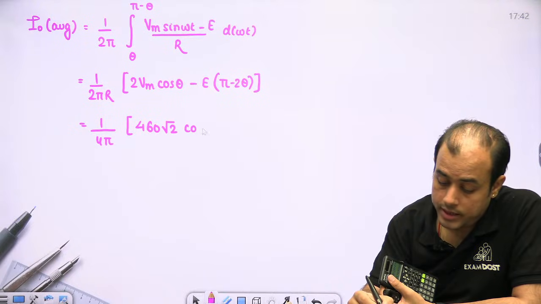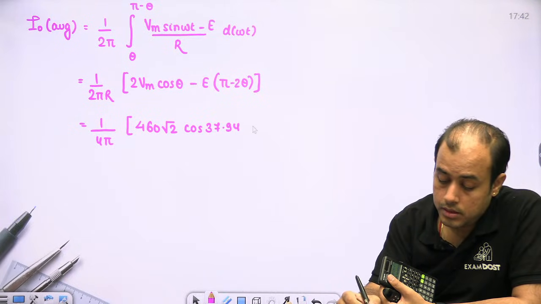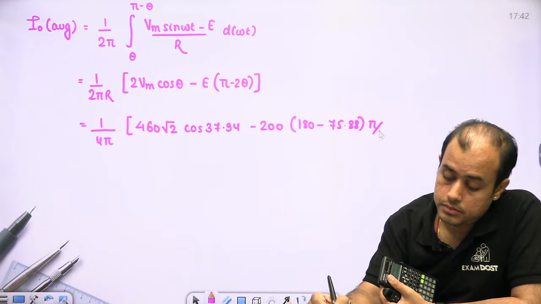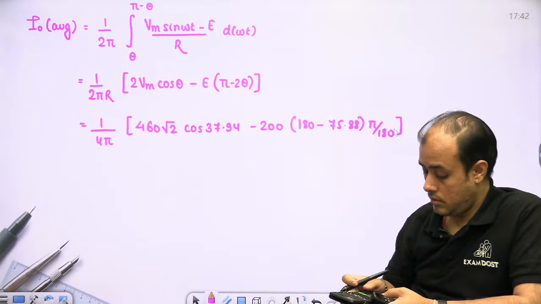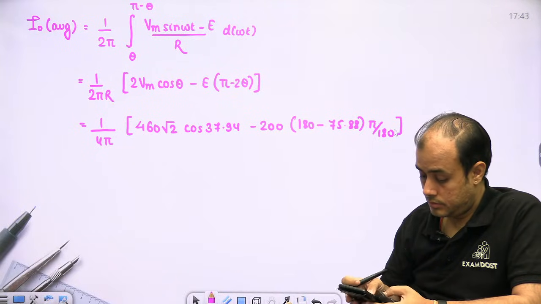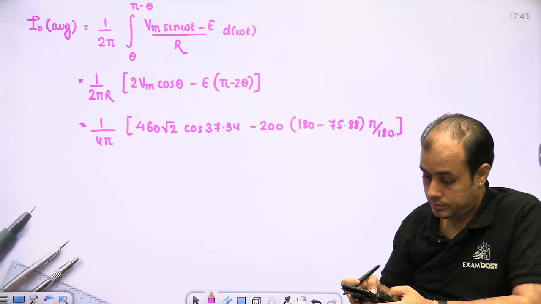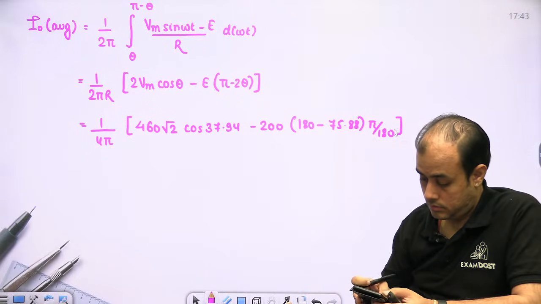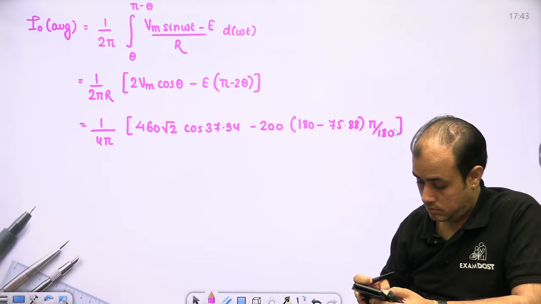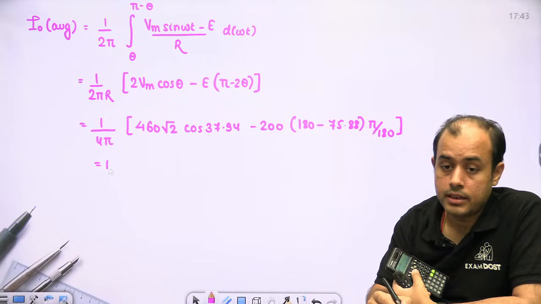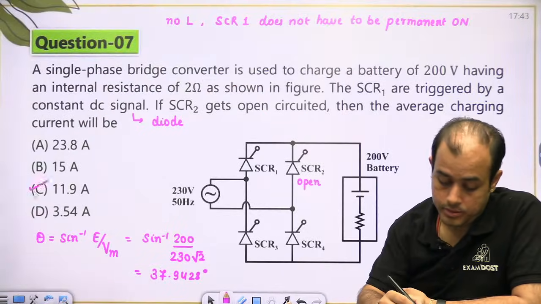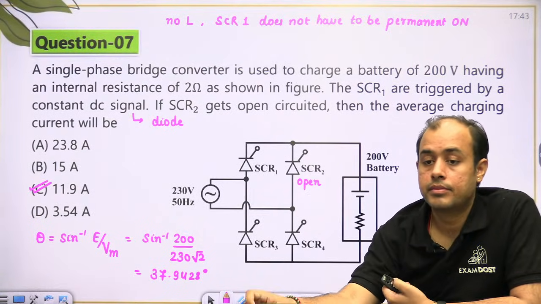Cos 37.94. 200-volt battery. 11.9. ठीक है, 11.9 की ऑप्शन है भाई. चलो बहुत बढ़िया.